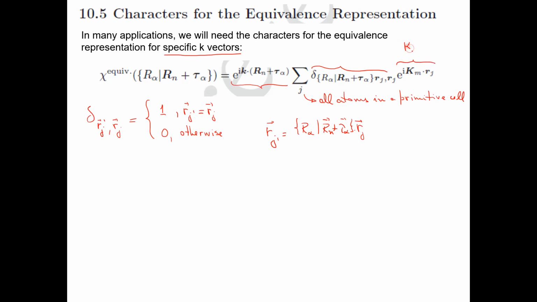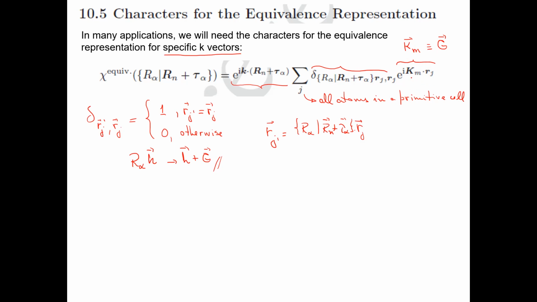and Km is a reciprocal lattice vector. We are actually using this notation G, and you take into account this phase factor whenever R alpha K goes to K plus G. So if you remember, in the group of the wave vector, some symmetry operations take the wave vector not to itself, but they translate the wave vector outside the first Brillouin zone by a reciprocal lattice vector G. If that happens, then you take that into account by this phase factor.